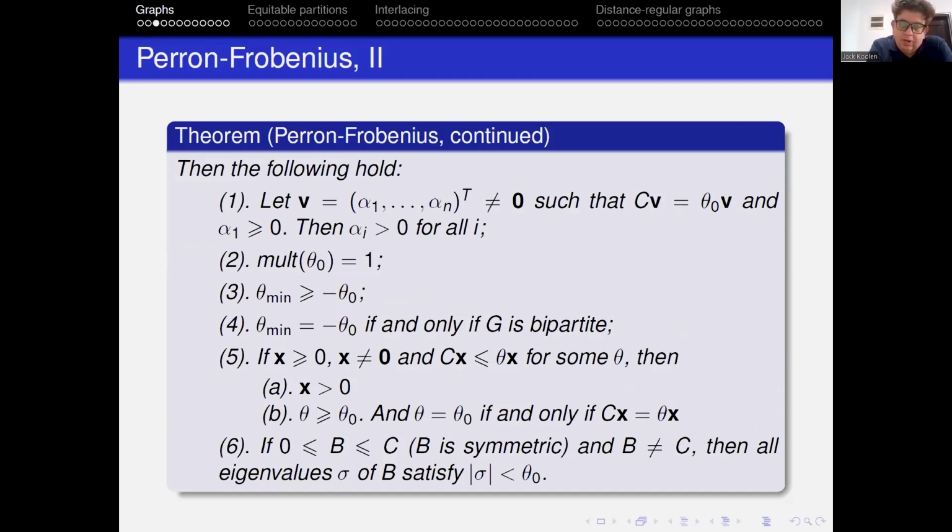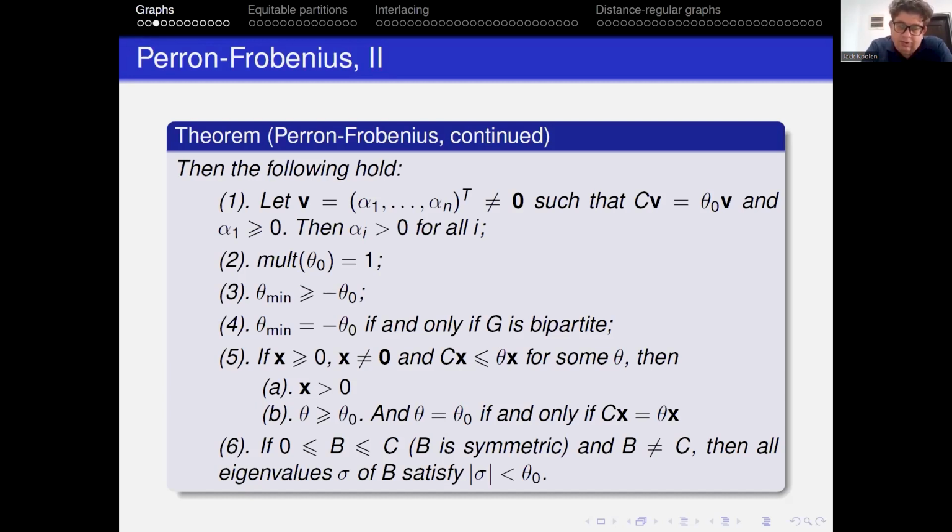Then we are going to show from now on that theta min, the smallest eigenvalue, is bigger or equal to minus the largest eigenvalue. And we also will show that equality holds if and only if the graph is bipartite.